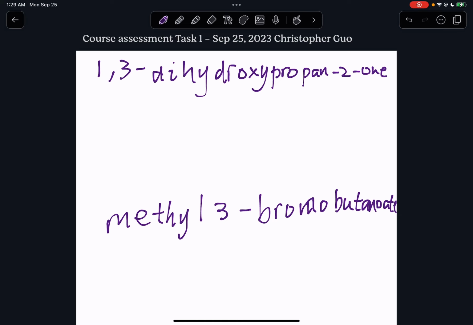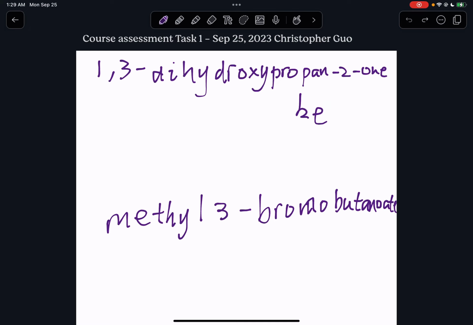To start off, we should know what "one" stands for, what each letter and each number stands for. First of all, when it comes to "one," we need to think of a ketone. This is a suffix for ketone. So what's a ketone? A ketone is an oxygen that bonds with two hydrocarbons.